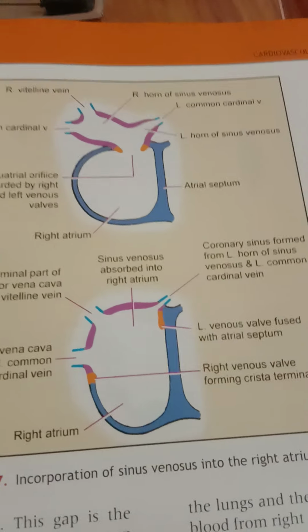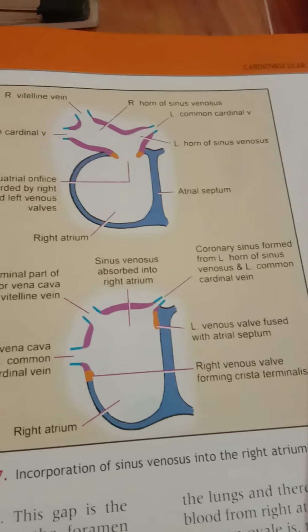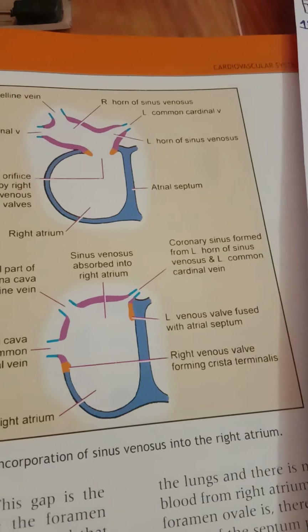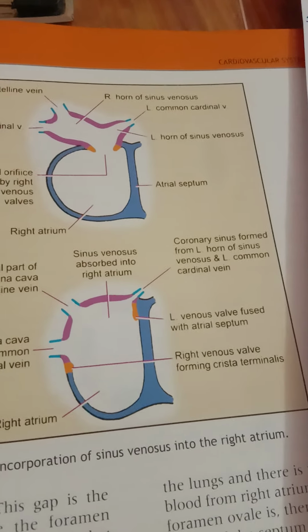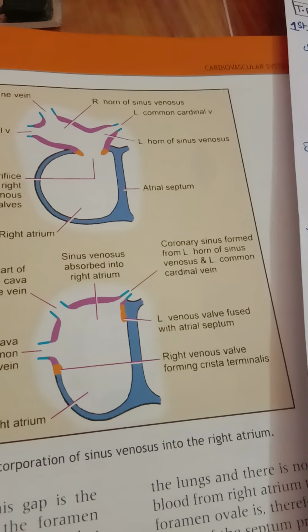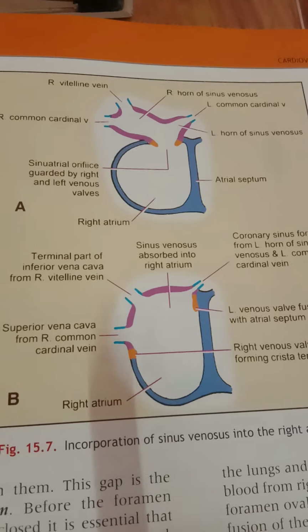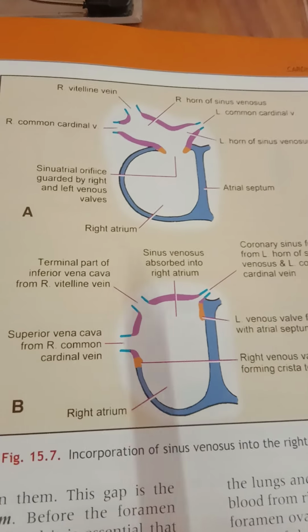Now let us move on to the development of the right atrium. The right atrium is derived from the right half of the primitive atrium, as we know, and the sinus venosus is also absorbed into the right atrium by enlargement of the SA orifice. We know that.